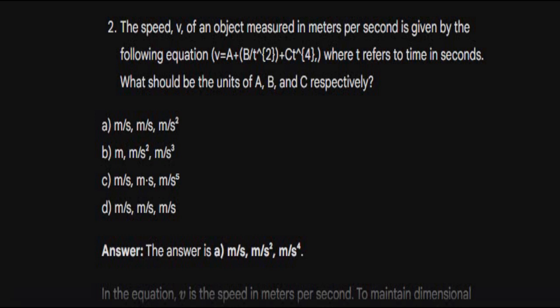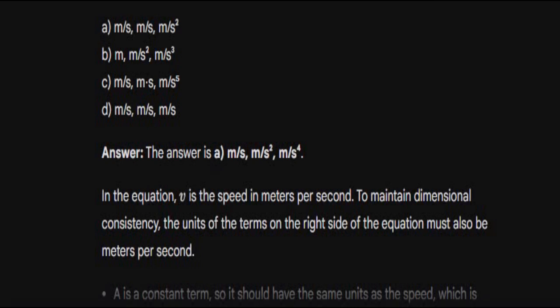B. Meter, meter per square second, meter per cubic second. C. Meter per second, meter times second, meter per second to the power of 5. D. Meter per second, meter per second, meter per second. Answer: the answer is meter per second, meter per square second, meter per second to the power of 4.